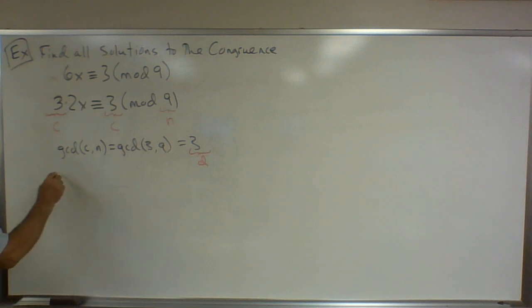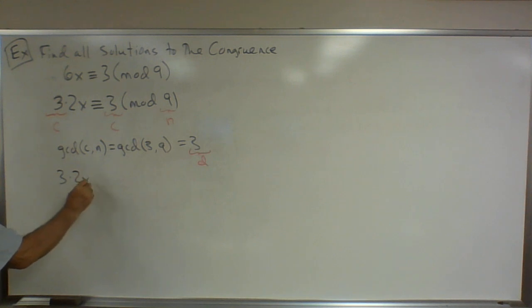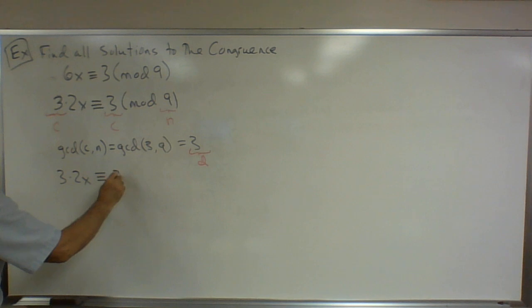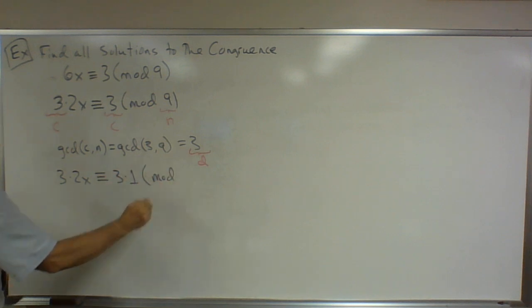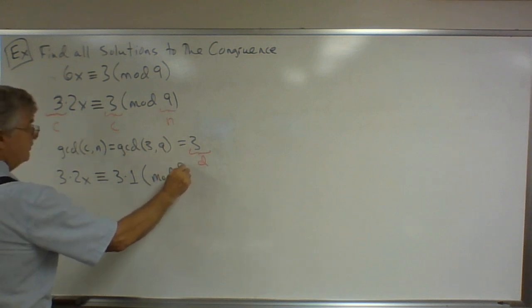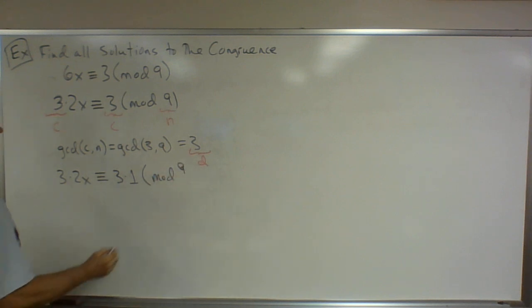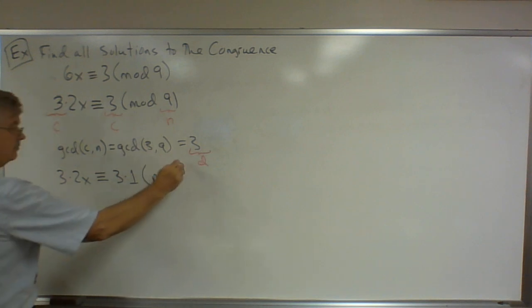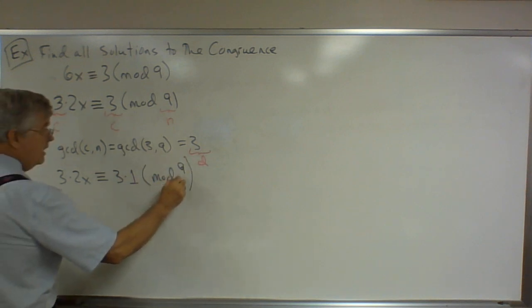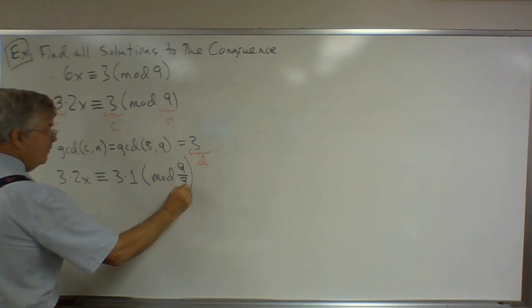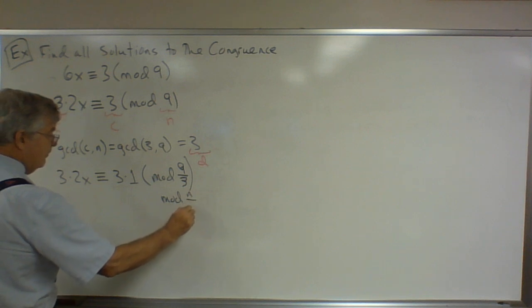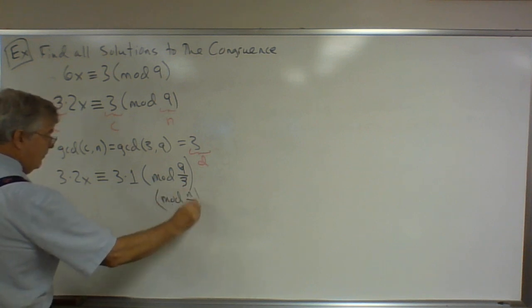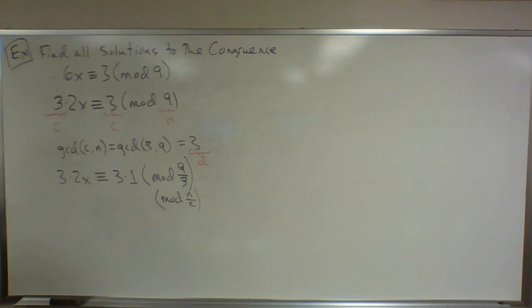So what we can do is say that 3 times 2x is congruent to 3 times 1 mod 9, and I'm going to put over 3, because here's what we're going to do.